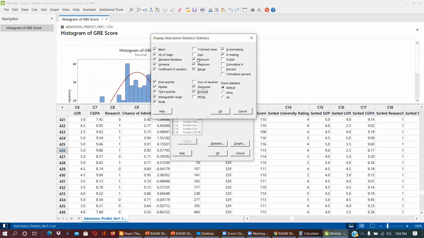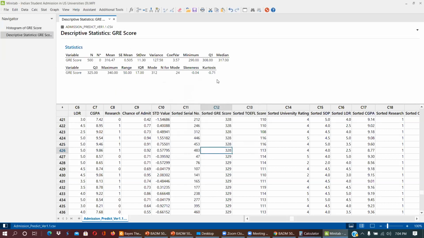So basically I think we have covered these things. In one click, we can get all these things. Look into this. For GRE, mean is this, standard deviation is this, variance is this, coefficient of variation is 3.57, minimum value is this.